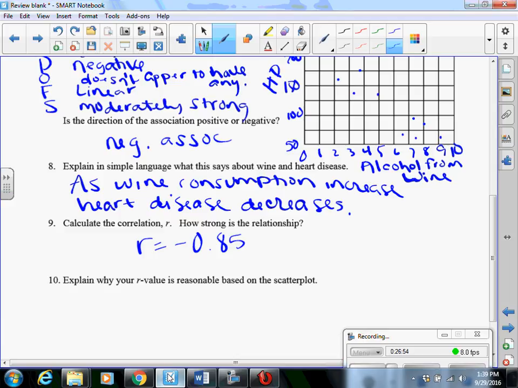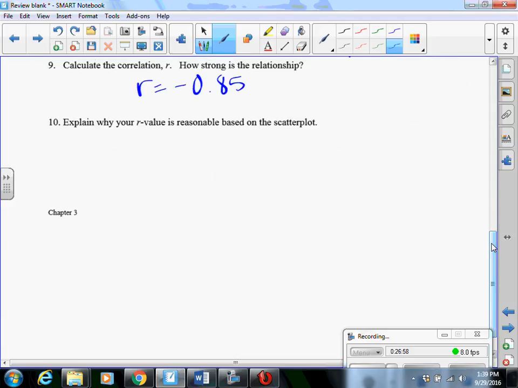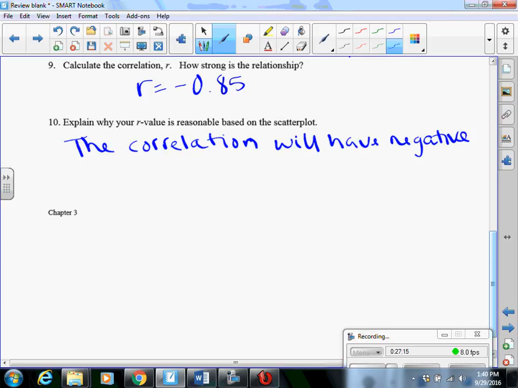And then the bottom part says, explain why your R value is reasonable based on the scatter plot. So maybe we write down something like the correlation will have a negative sign. Why does it have a negative sign?